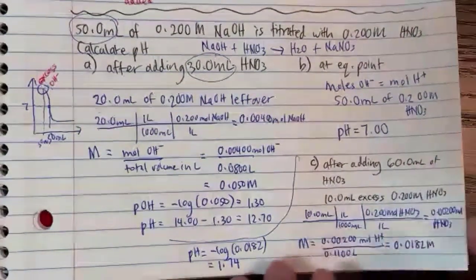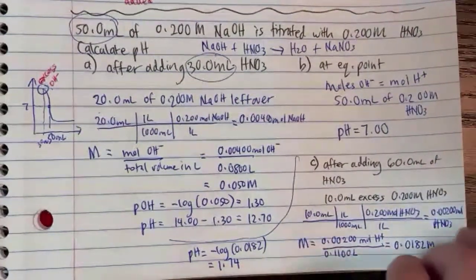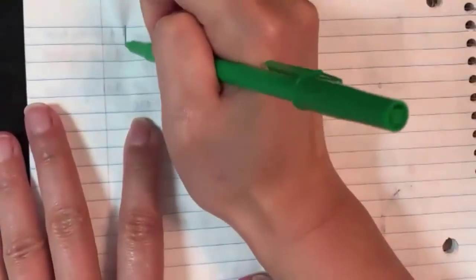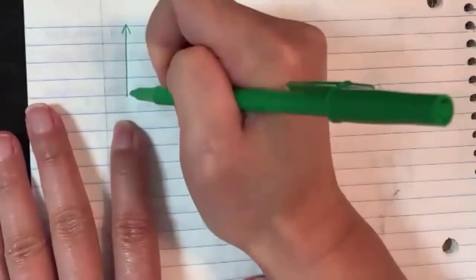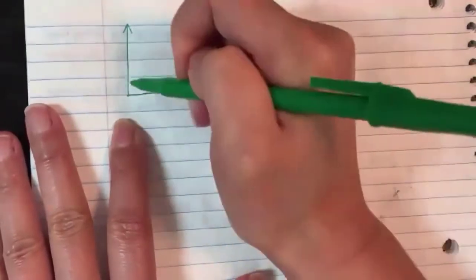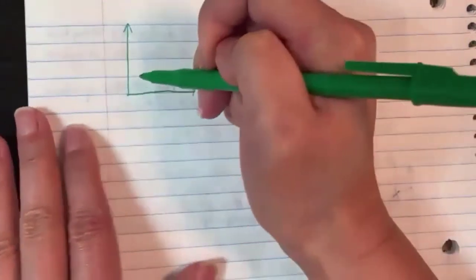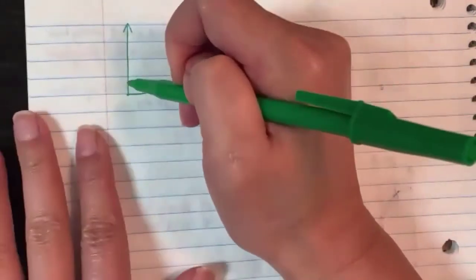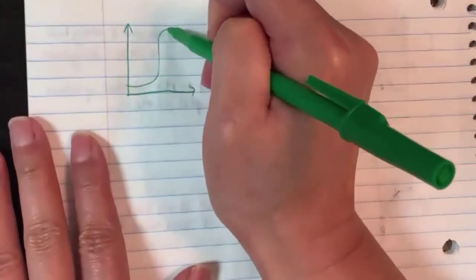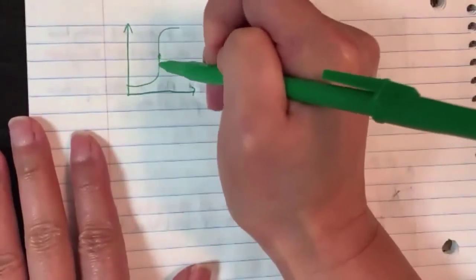So I'm not gonna do the math because it's gonna get so long, but you should be able to do it. Let me write it so you have it in your notes on how to do it if you see that question. So if we had a question where they said, now let's start with base and then you add acid, right? So now let's do something like this. Now remember this is the equivalence point.